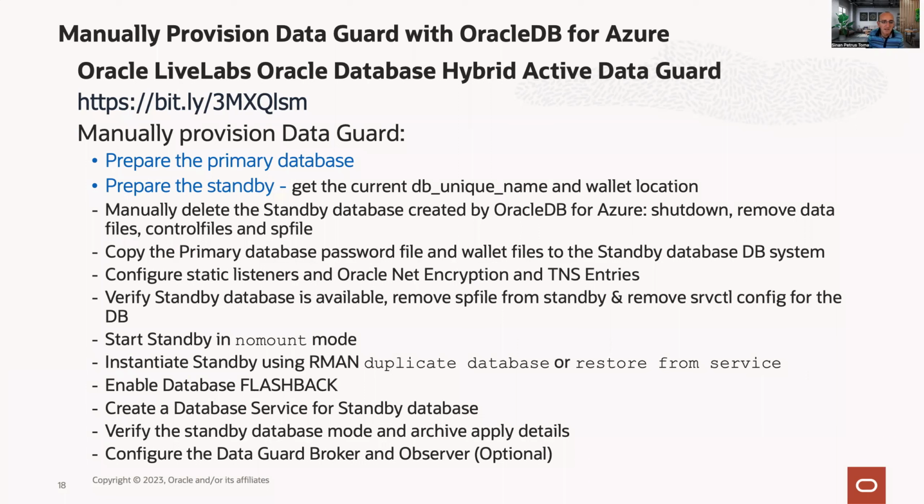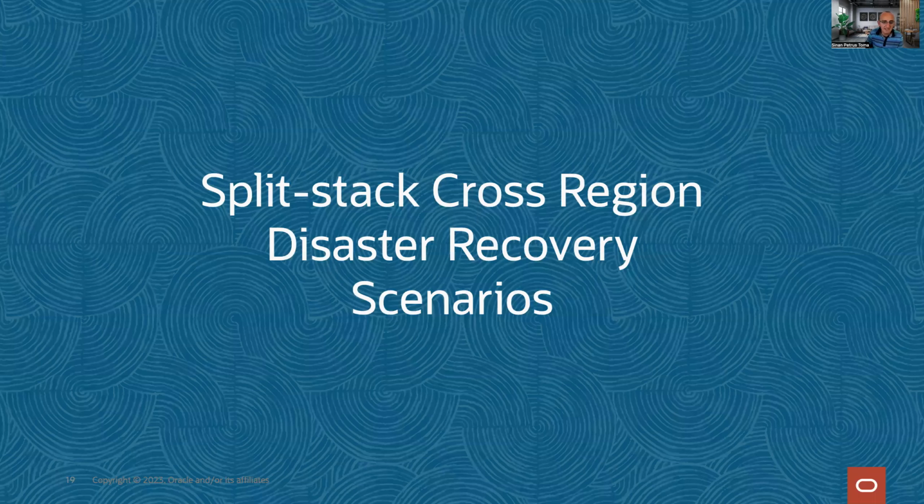This LiveLab is explicitly for hybrid Active Data Guard, but it doesn't matter. It's exactly the same process. You follow the same steps, whether the standby database is in another region or in OCI while your primary database is on premises. Okay, next, please.